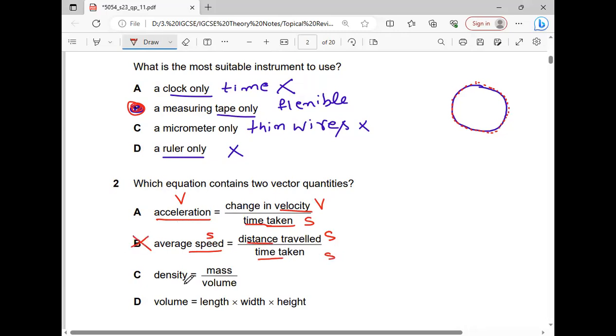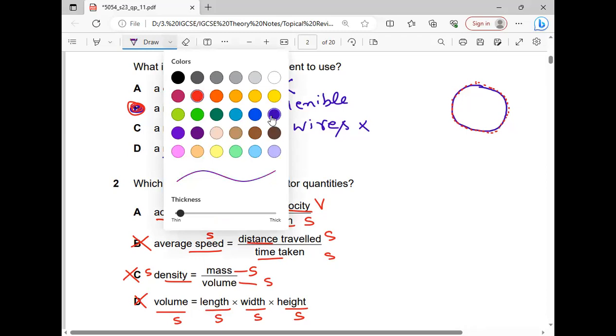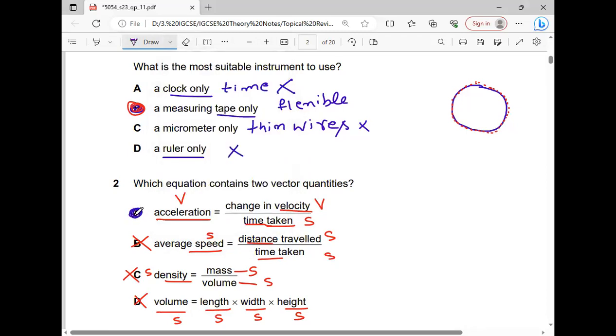So not possible. Density, scalar; mass, scalar; volume, scalar, not possible. Volume, scalar; length, scalar; width, scalar; height, scalar, not possible. So we are left with only option number 1, since it carries two vector quantities, that is acceleration and velocity.